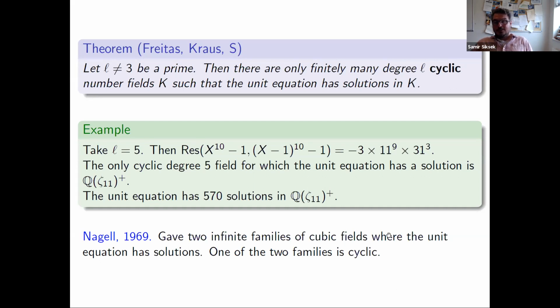So it fits. We assumed L doesn't equal 3 to make the resultant non-zero, but it's a good thing the resultant is 0 when L equals 3, because otherwise this would contradict Nagel's families.